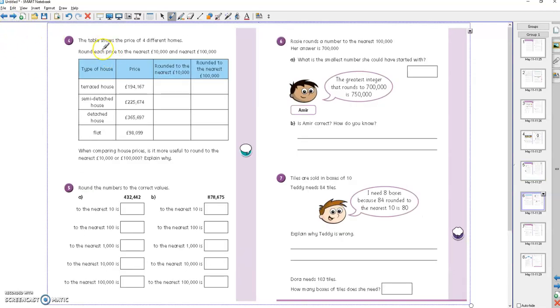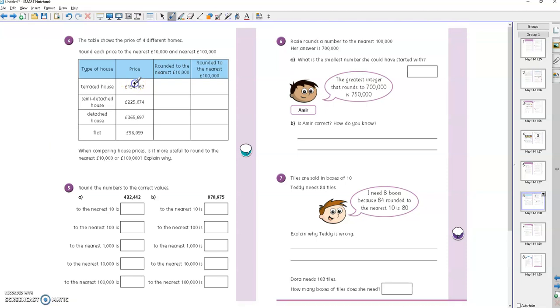Number 4, we've got a table that has the price of 4 different homes. And you're trying to round each price to the nearest 10,000 and the nearest 100,000. So I'll do one with you. So this is a terraced house. The price is £194,167. It's asking you to round to the nearest 10,000. So this is the 10,000s column.